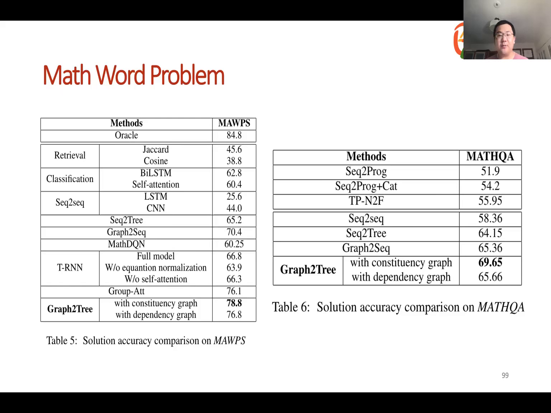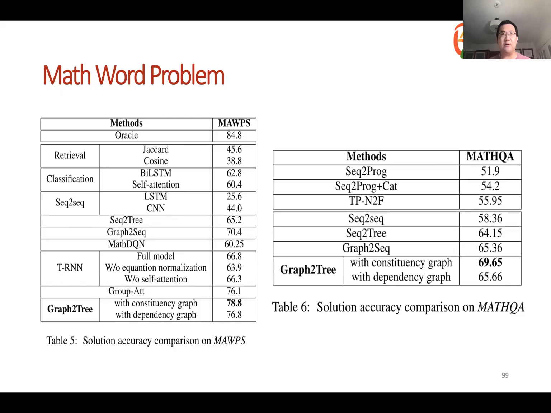This is not really good, because the reason we are doing math word problems is to show the reasoning process of how human beings think about the problem and then write their own math equation. If we do the normalization, we will lose all this intermediate reasoning process. So in our Graph2Tree model, we don't do any equation normalization.